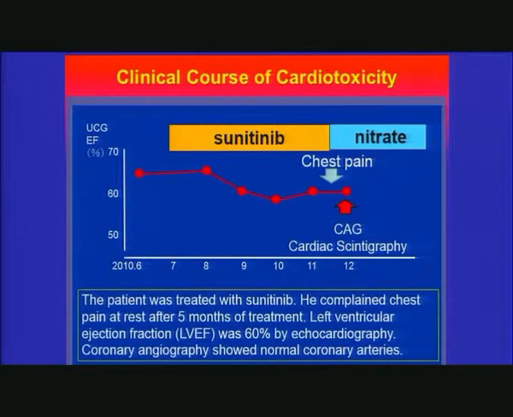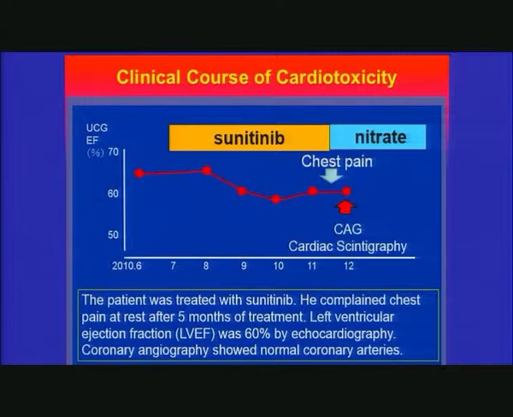This is a schematic graph of the sunitinib course. Ejection fraction before the treatment was 63%, and during the course it decreased a little bit. Here he complained of chest pain.